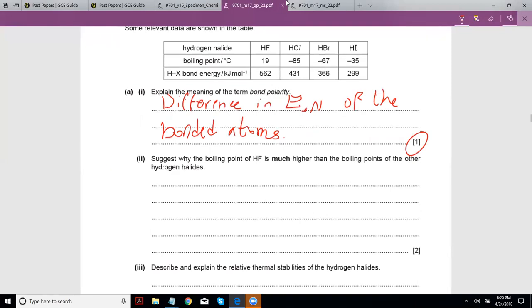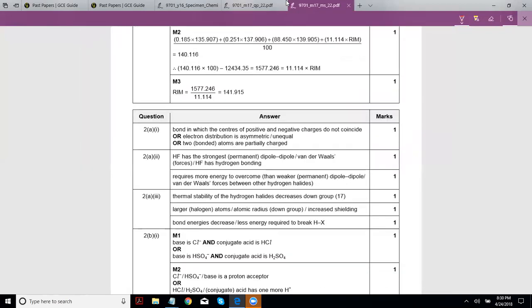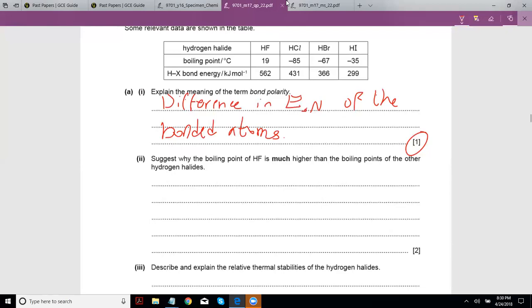The meaning of the term: a bond in which the centers of positive and negative charges do not coincide, asymmetrical, or there's a difference in electronegativity, partially charged. That's basically the idea. Electronegativity gives a difference, so obviously it would go one way or the other.